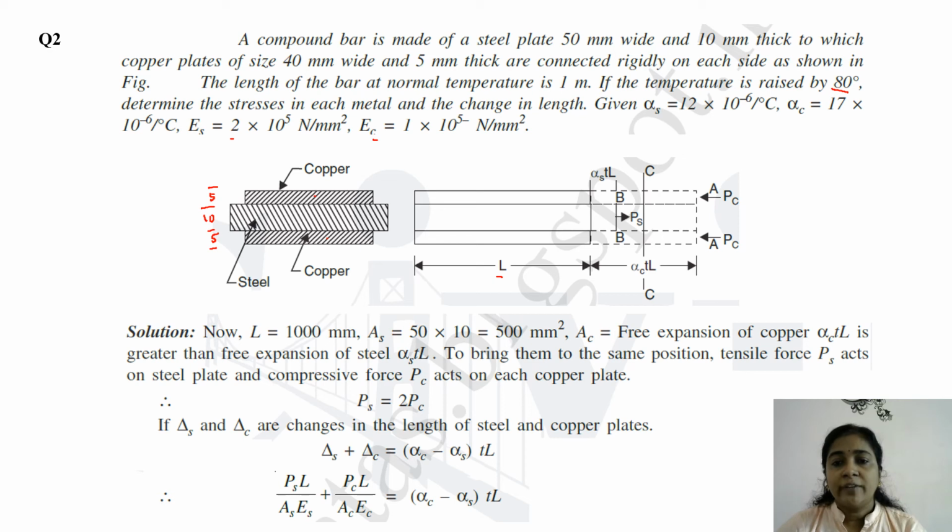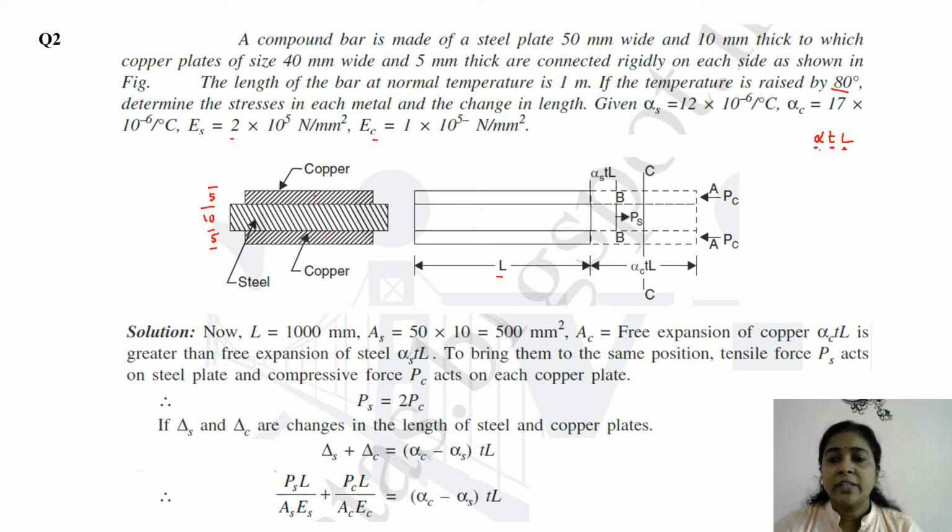Now, looking at the coefficients of thermal expansion, first you have to find out which one will expand more. That depends upon the coefficient of thermal expansion, because the free expansion is given by alpha T into L. The change in temperature is the same, and the length of both metals is the same, so it purely depends upon the coefficient of thermal expansion.